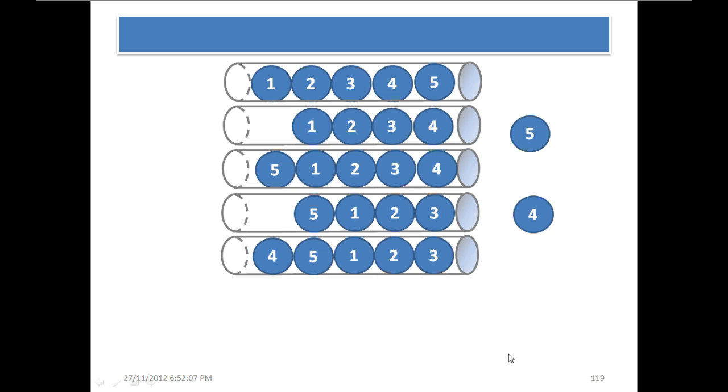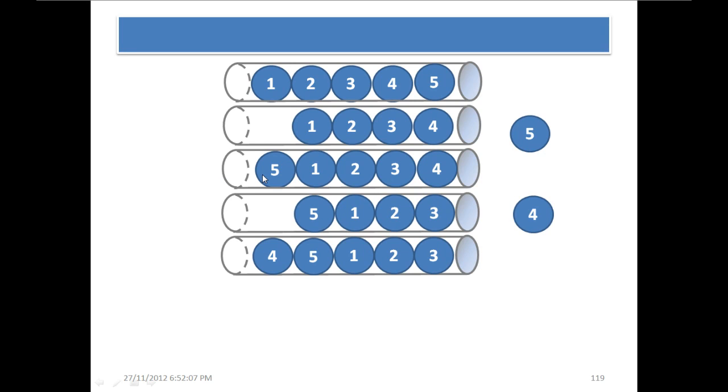Now, to elaborate this cyclic shift a little bit more, just think of it as we have put 5 balls in a pipe, and we have numbered them 1, 2, 3, 4 and 5. I remove the 5th ball from the pipe at the right hand side, and then I shift all the balls to the end, and after shifting these balls, I place this ball back from this side.